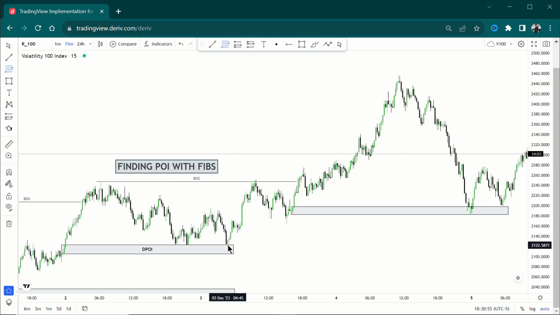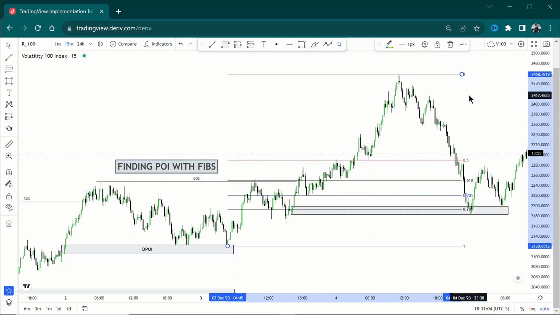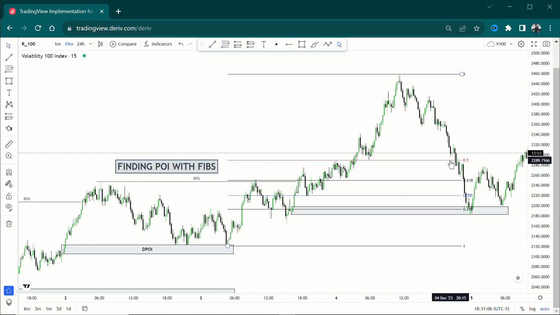So I'm starting from here to there, from your low to your high. You can clearly see where the 50% is. So you are looking for a POI below here. This is the area where you're looking for a POI.